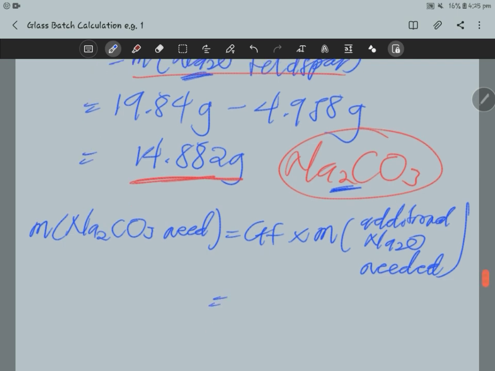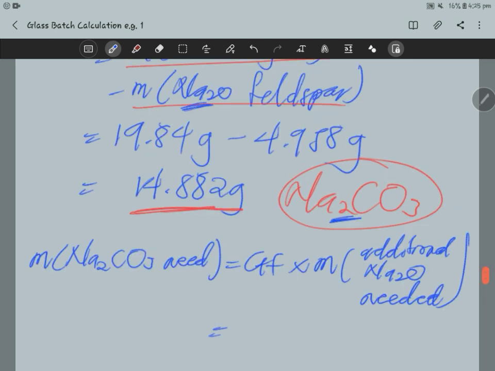Then again, the gravimetric factor depends on the component raw material they are comparing, right? And then for the Na2CO3, the molecular mass, that's 2 times 23 plus 12 plus 3 times 16. That's 106. Then the molecular mass of the Na2O, that's 2 times 23 plus 16.